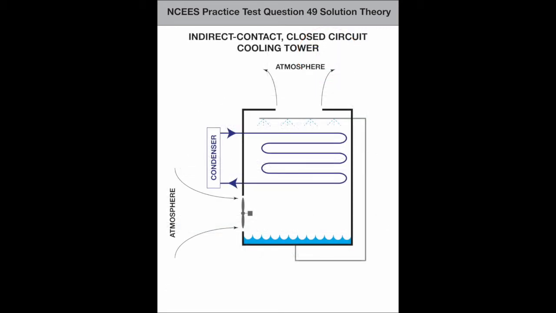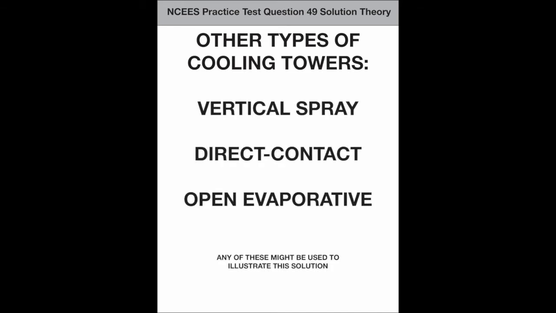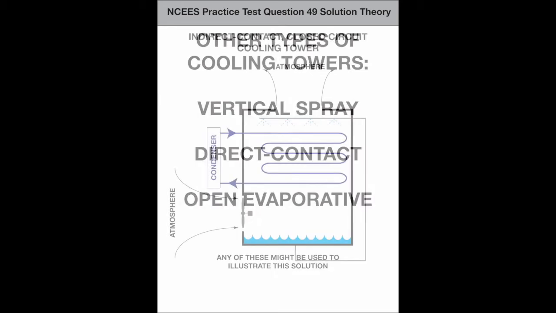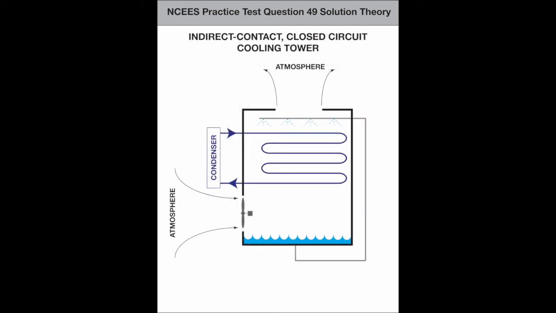It could also be illustrated with a differently configured cooling tower. This shows an indirect contact, closed-circuit cooling tower. There are others, such as vertical spray, direct contact, or open evaporative cooling towers, but this will work for the purposes of question 49.